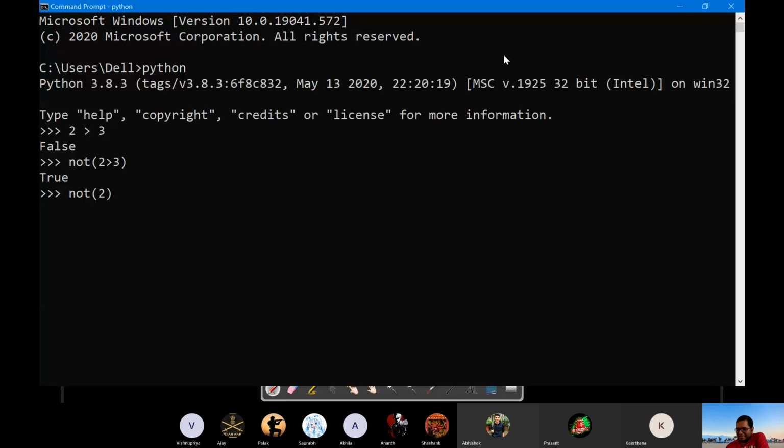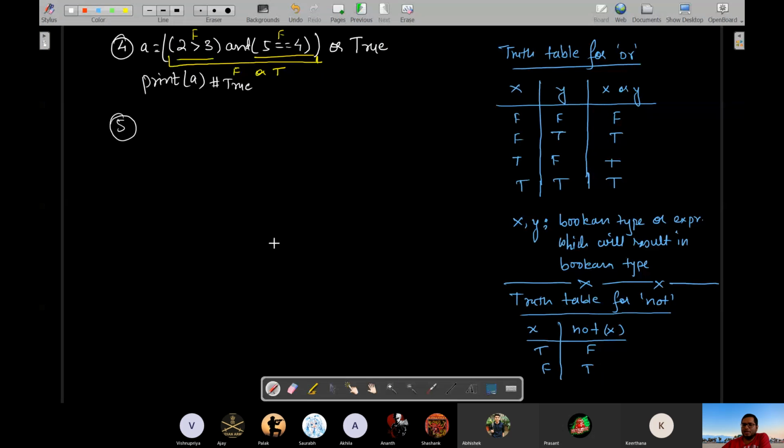Only two options, guessing gives 50% probability of being right. False. What will be the answer of this? False. What is the answer of this? False. Okay. So what do we understand? What is the answer of this? False, true. So what do we understand? Let me write one more here.